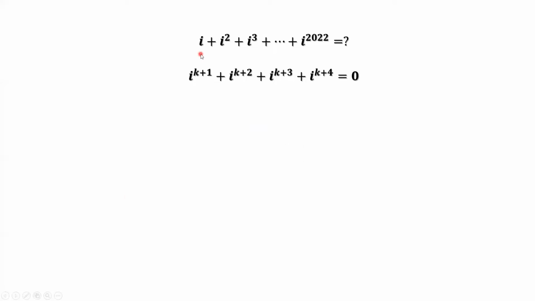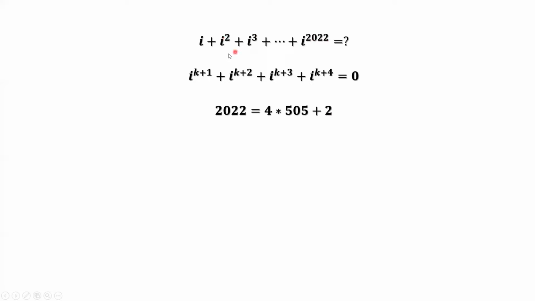So here, look at the given question. How many groups of 4 consecutive terms are in this sum? We decompose 2022 into 4 times 505 plus 2 remaining terms. So we count backwards from the last one, each 4 as a group.